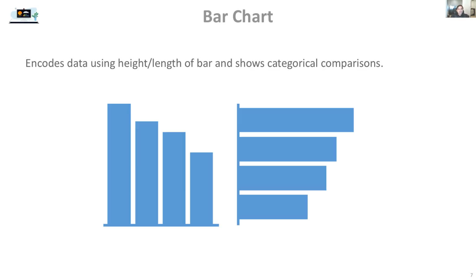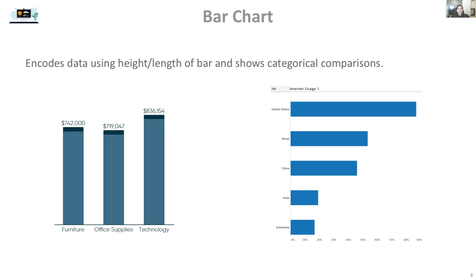A bar chart is great for making categorical comparisons. Since bar charts use height or length as their pre-attentive attribute, they are great for precise quantitative comparisons between different categories. Here are two examples of bar charts that encode data with height and length of the bar.